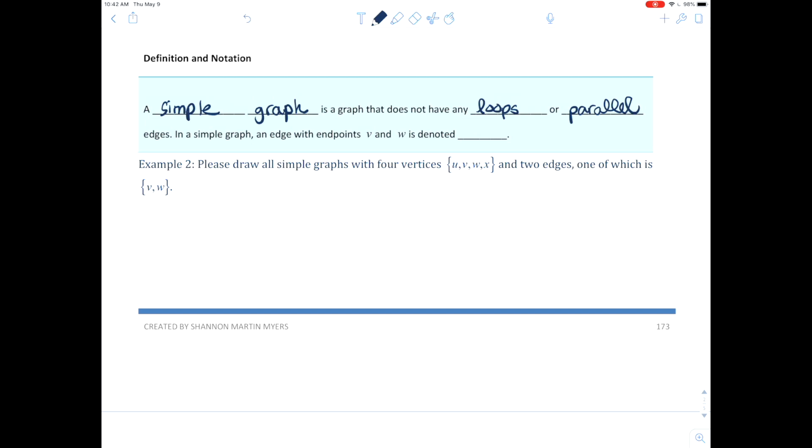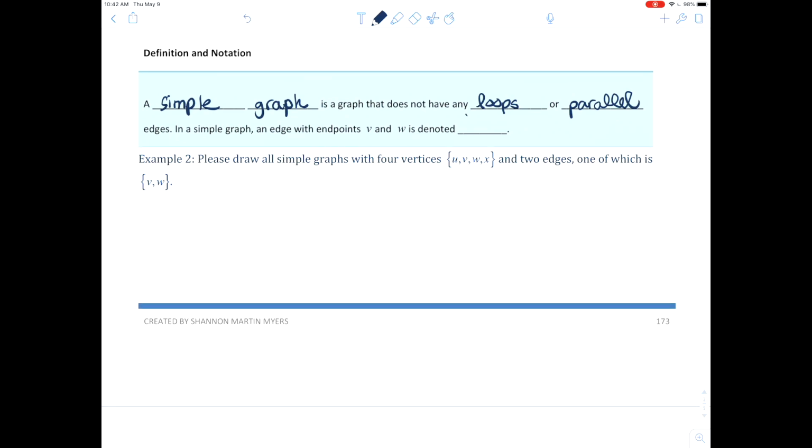So in a simple graph, an edge with endpoints V and W is denoted the set VW. Good so far? So for example 2, let's go ahead and draw all simple graphs with 4 vertices, U, V, W, X, and 2 edges, one of which is VW.